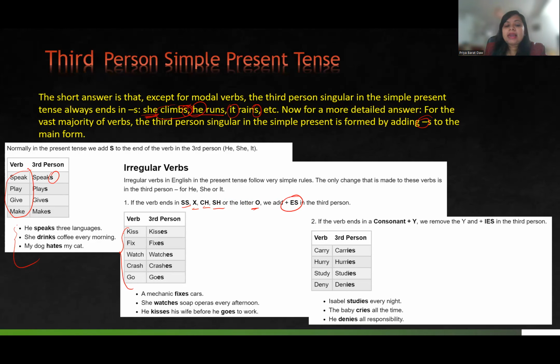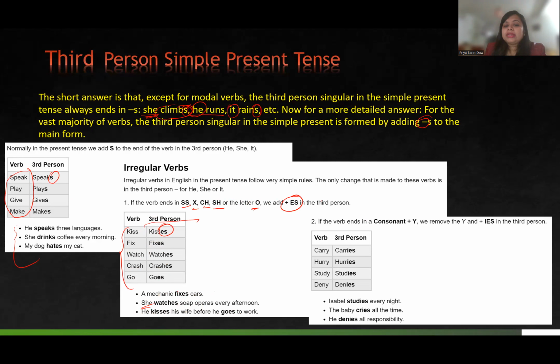Always remember: kiss, kisses, es at the end. Fix, fixes. Watch, watches. Crash, crashes. Go, goes. So with the third person, always remember. A mechanic fixes cars. She watches soap. He kisses his wife before he goes to work. So these are the third person.